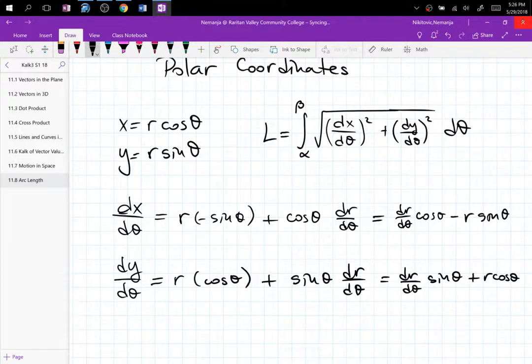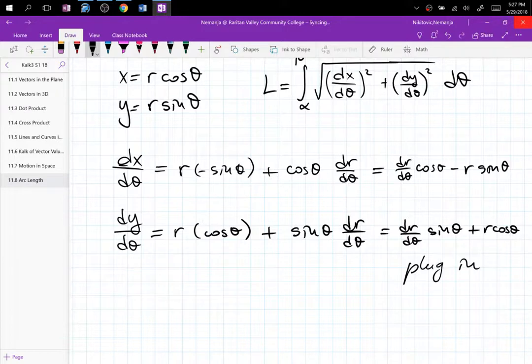Plug in. So now the arc length from alpha to beta, because everything is in terms of theta, and r is actually f of theta, so I can replace that. So now what do I have?